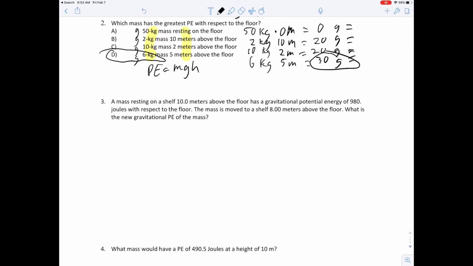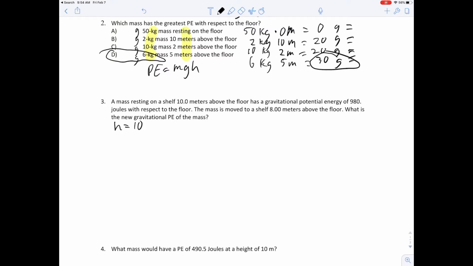Okay. So this is a good, fun, long one. A mass resting on a shelf 10 meters above the floor has a gravitational potential energy of 980 joules with respect to the floor. The mass is moved to a shelf 8 meters above the floor. What is the new gravitational potential energy of the mass? Oh boy.